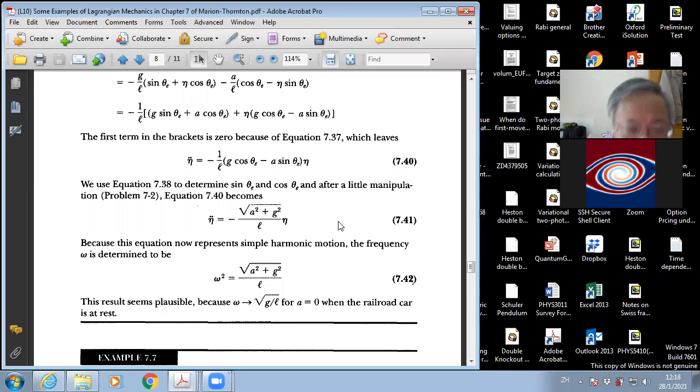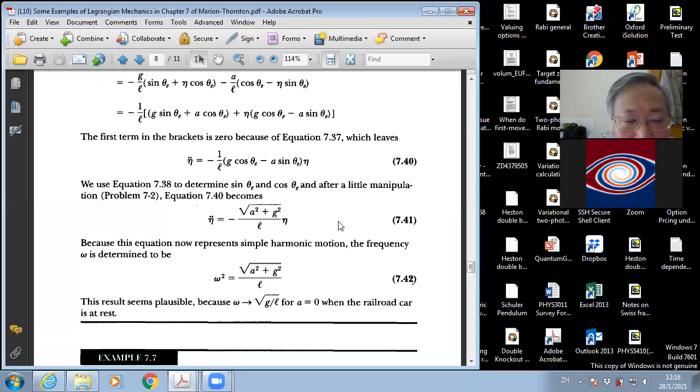Now, let me reiterate. In all these examples, we follow a set of routine procedures. First, identify the position, the x coordinates and y coordinates, of the system.